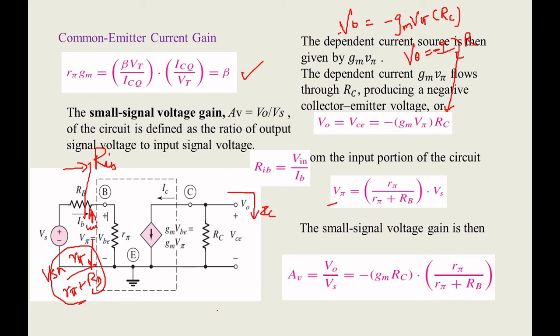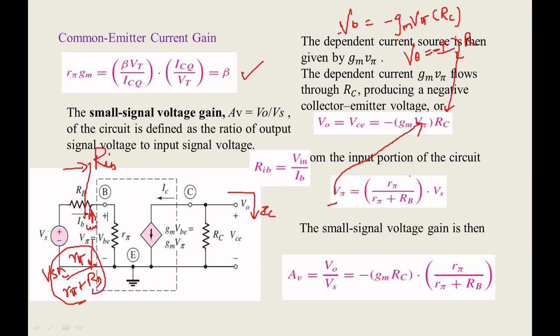When you want to find a gain, the basic formula is output voltage by input voltage, the output voltage is V0 and the input voltage is Vs. I want to find the voltage gain, so very simple, you substitute this V pi here.